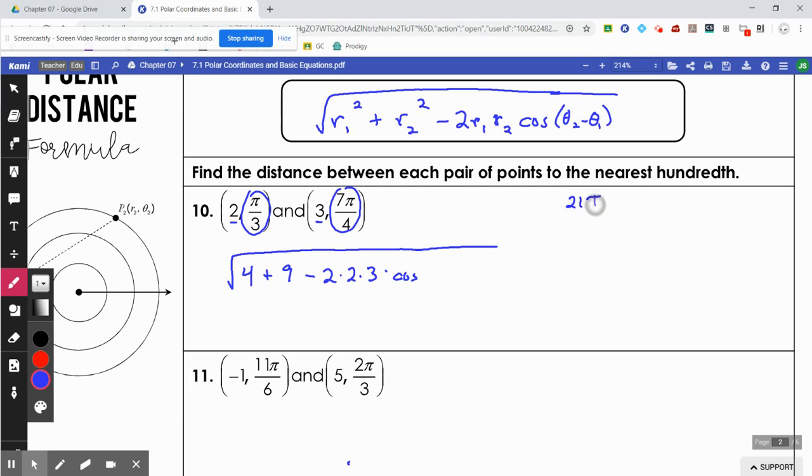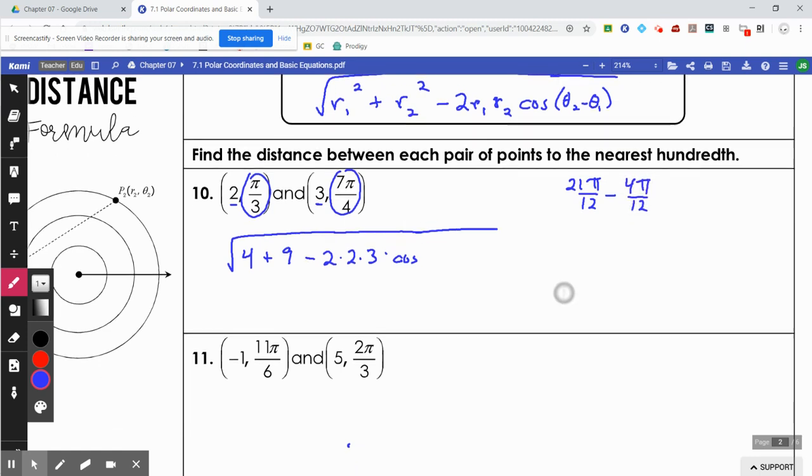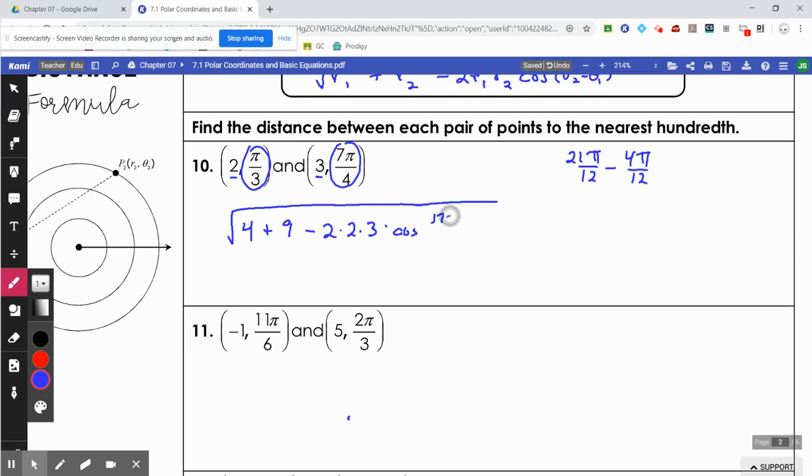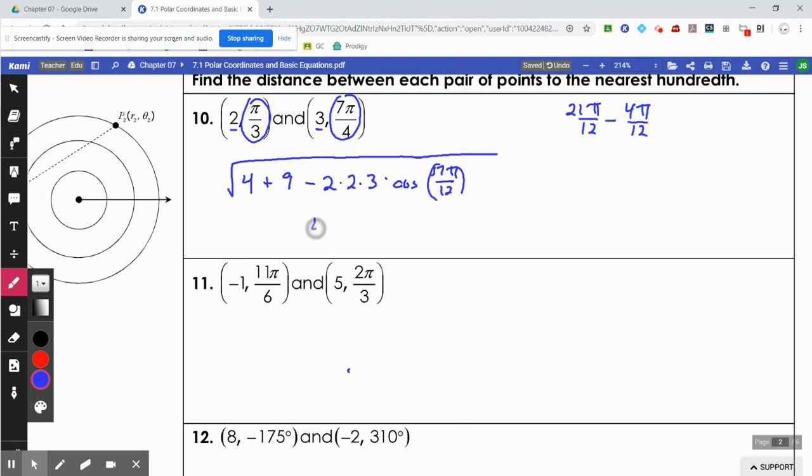Multiply top and bottom by 3, gives you 21 pi over 12. Minus, multiply top and bottom by 4, gives you 4 pi over 12. 21 minus 4 gives you 17 pi over 12. Then the rest of that on out is just calculator work. You should get a distance of about 4.01.